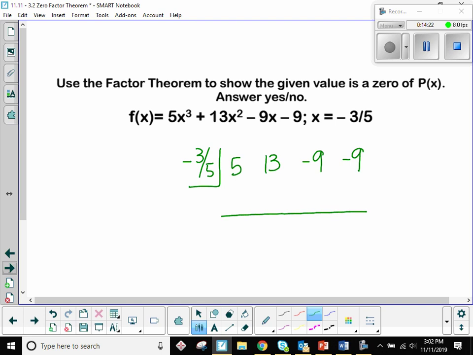Spoiler alert. Don't look at the board until you're done, because I'm going to do the work, and I'm also showing the fraction work. Don't look till you're ready to look, because once you look, you can't unsee what you have seen.